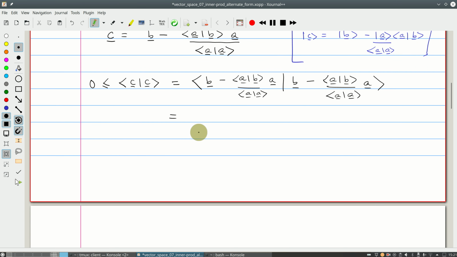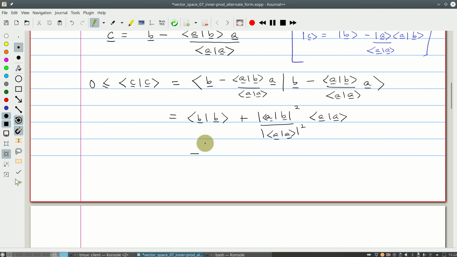So we will have B with B, plus this term with this term, so that will be the modulus of A with B squared divided by the modulus of A with A squared, and then we have A with A, and then the cross terms.